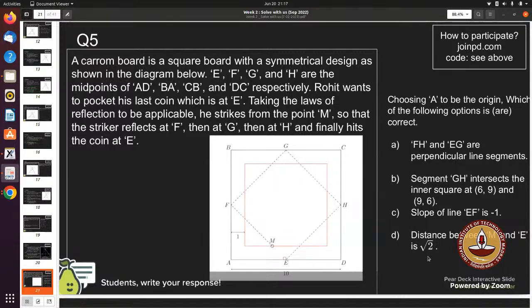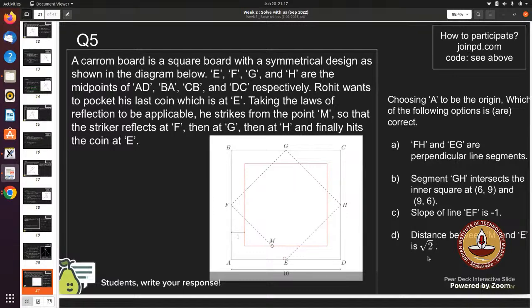Now, E, F, G, H are midpoints, so we can find them. E is 5, 0. F is 0, 5. G is 5, 10. H is 10, 5.